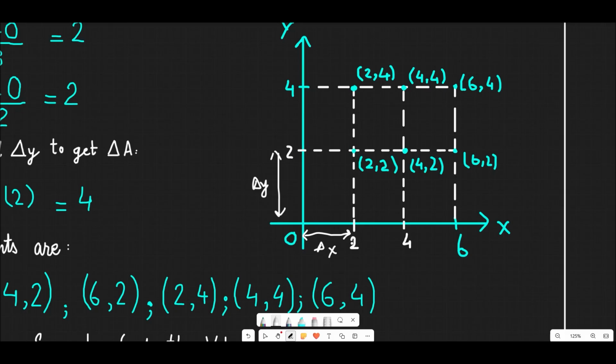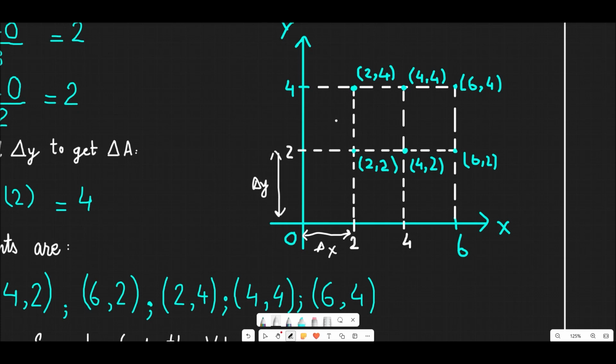As you can see on the graph, our x-axis goes from 0 to 6 with a step of 2, creating three intervals. And our y-axis goes from 0 to 4 with a step of 2, creating two rows of squares.